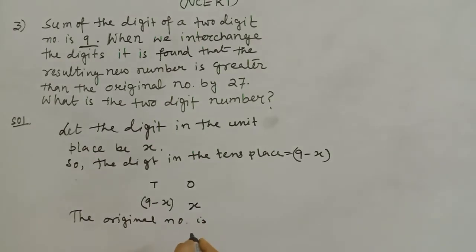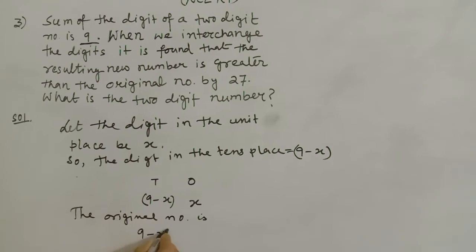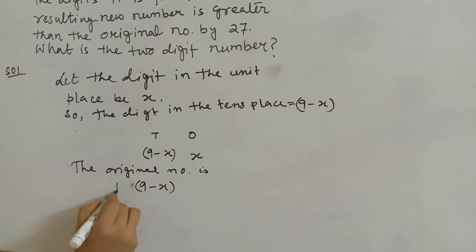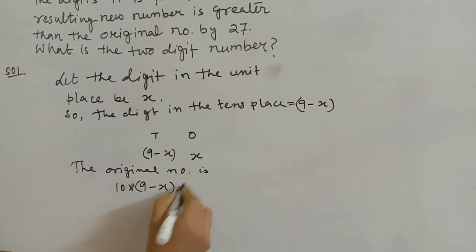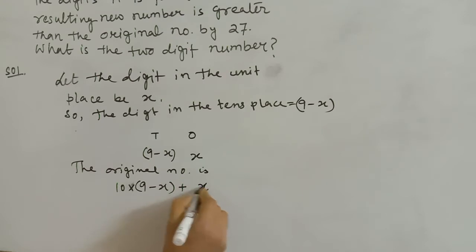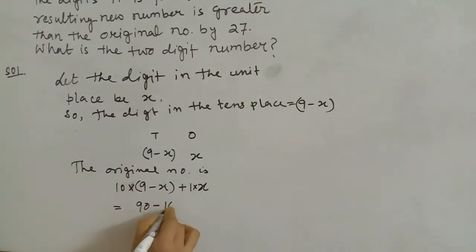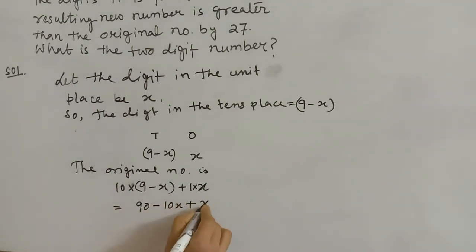Remember the expanded form you have done before in junior classes. 9 minus x is in the tens place, so you will multiply it by 10, and the number in the unit place or ones place, you will multiply it by 1. So the number is 9 into 10, 90, minus 10 into x, 10x, plus 1 into x, 1x. Like terms you can subtract because of different signs, it will be minus 9x.